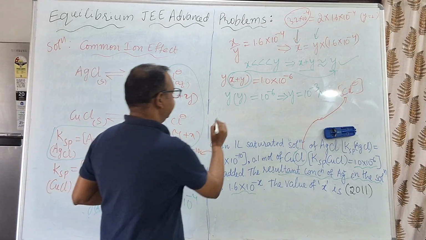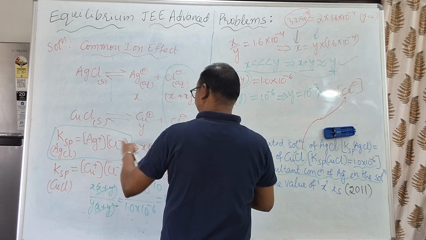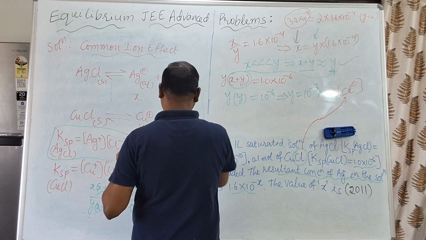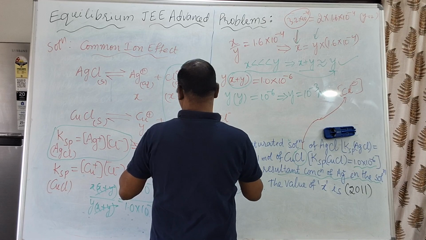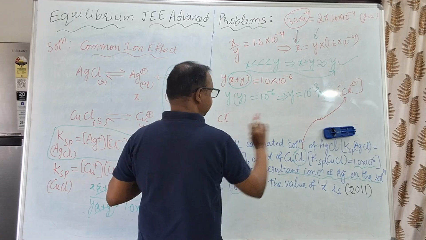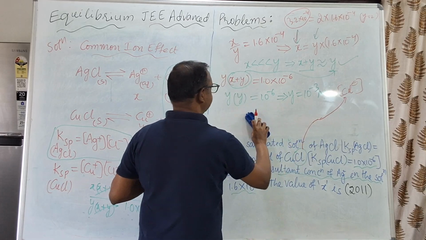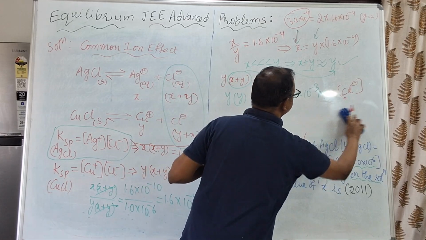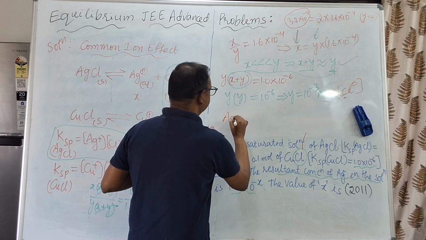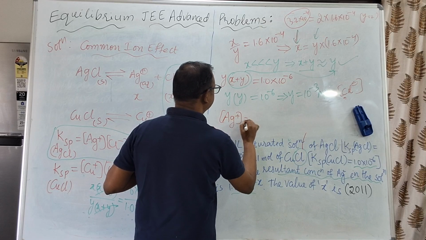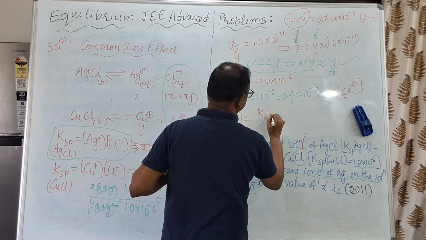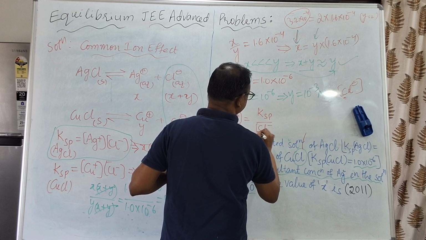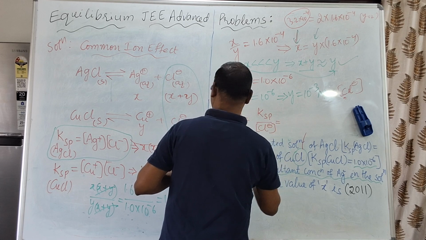We are required to find Ag plus, not Cl minus. So Ag plus is equal to Ksp by the concentration of Cl minus.